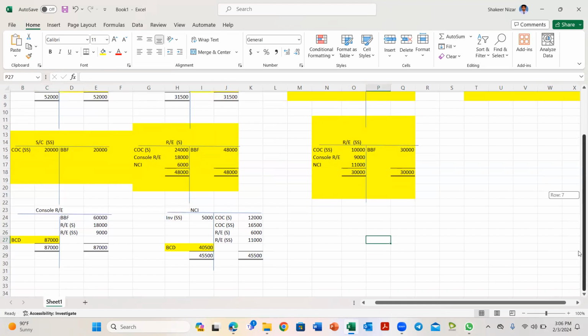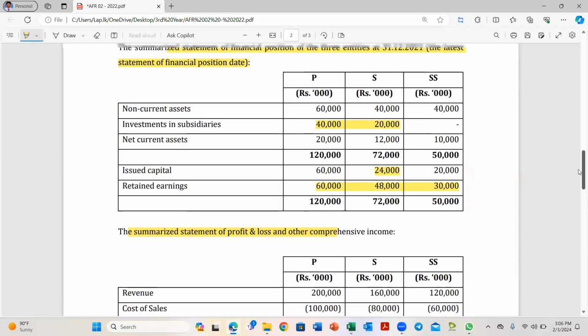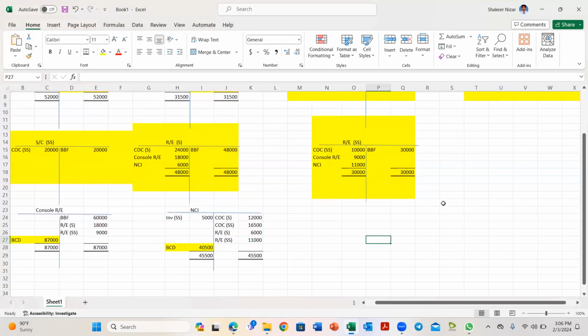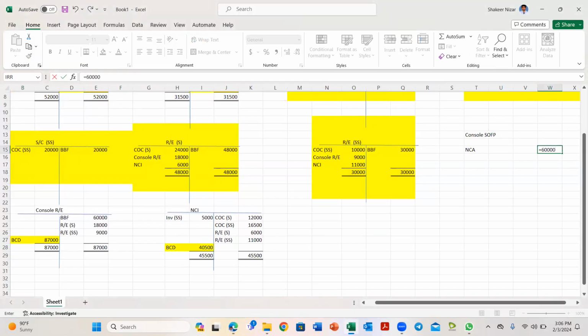Now we are going to prepare the consolidated statement of financial position. I'm preparing here the consolidated SOFP. The non-current assets: what is the amount? 60,000, 40,000, 40,000, right?